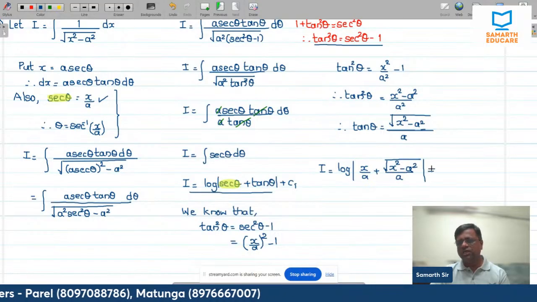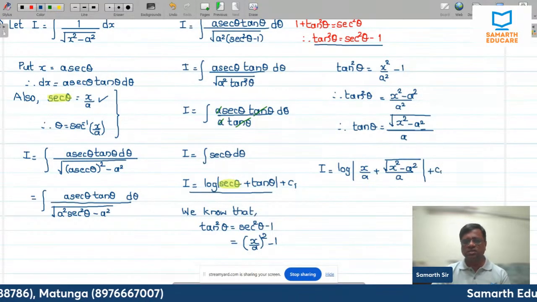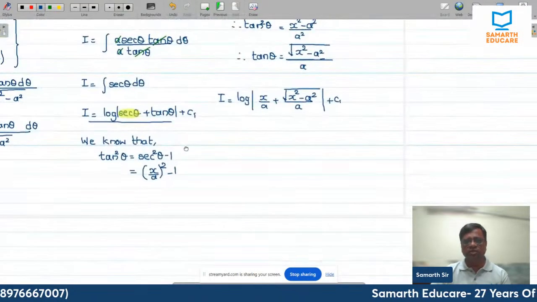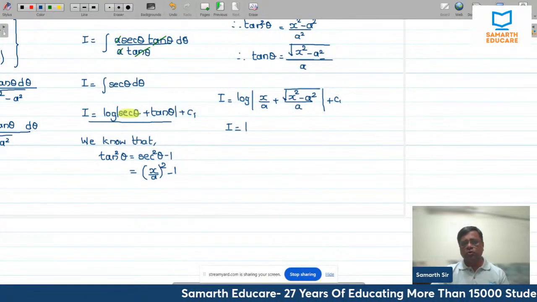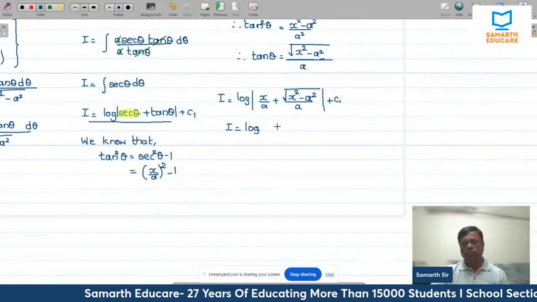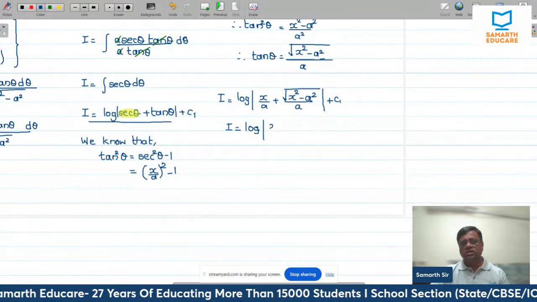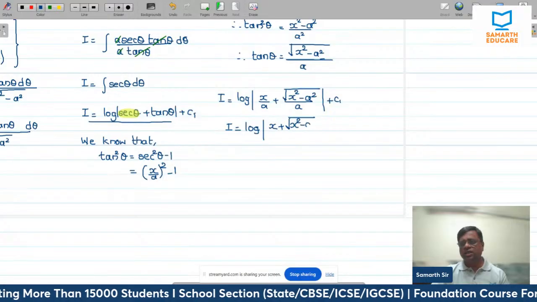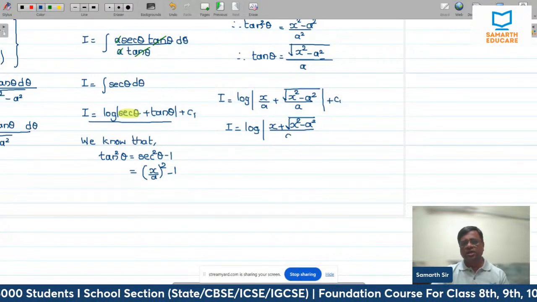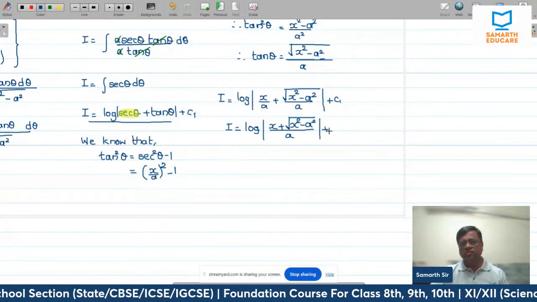Right? मैंने plus c1 लिखा था. Let us discuss plus c1 क्यों लिखा हुआ है. Okay, so I is equal to log of x plus root of x square minus a square, divided by a, plus c1, correct?